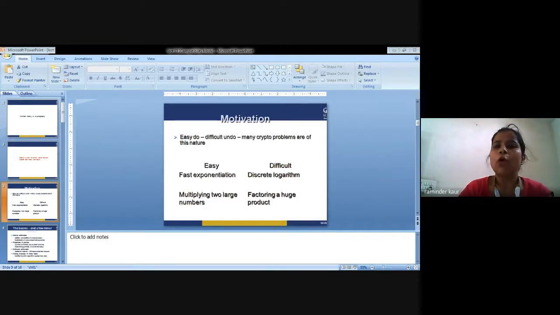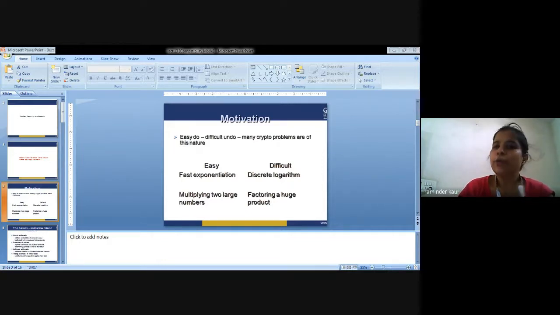For example, log base b of a, because I have taken real numbers a and b, is a number x such that b raised to power x is equal to a. So there will be a group. If you remember, we have studied groups, fields and rings in cryptography in the second or third lecture.